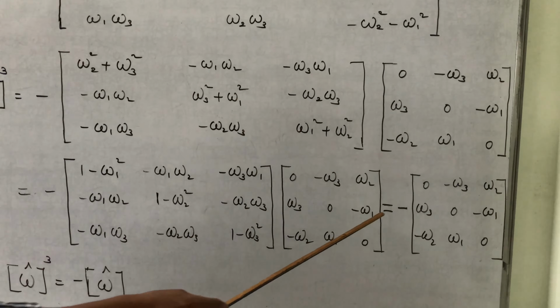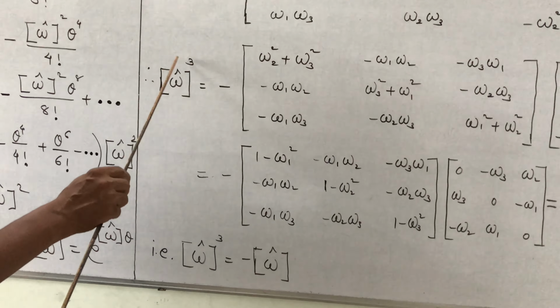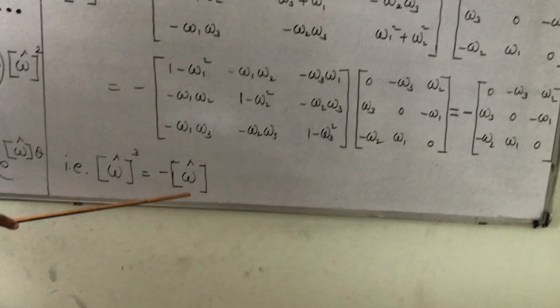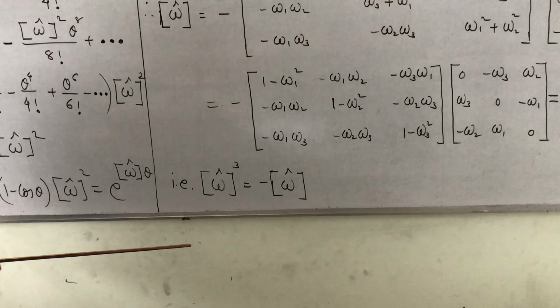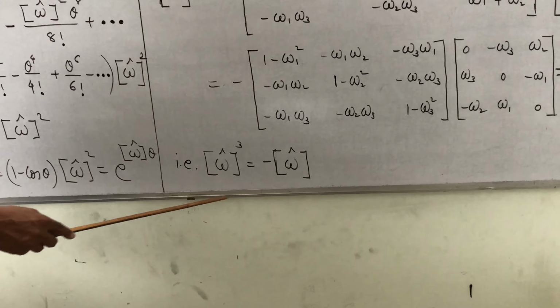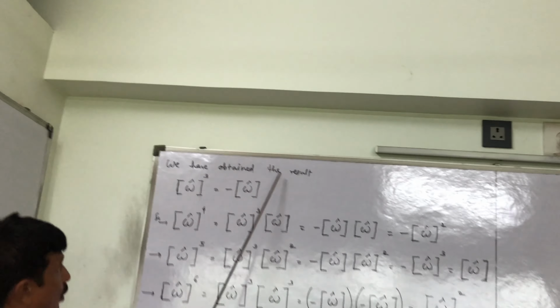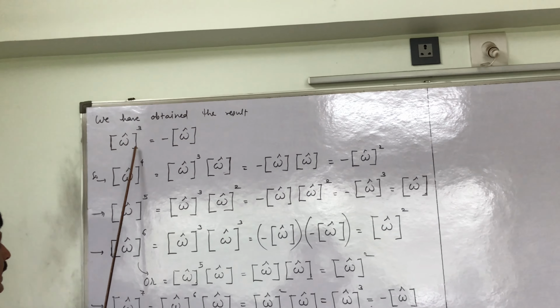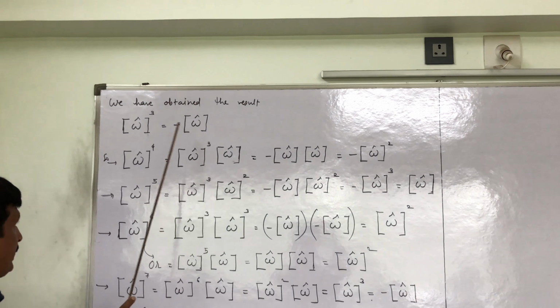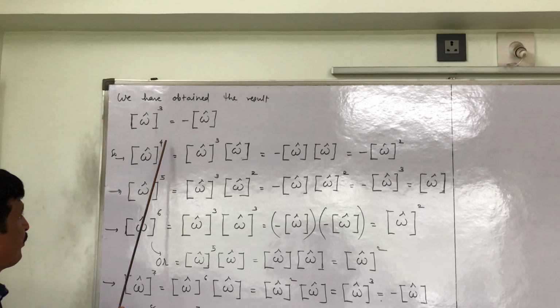So the final answer is 0, minus omega 3, omega 2; omega 3, 0, minus omega 1; minus omega 2, omega 1, 0, with a minus sign. So omega cap cube, the skew symmetric cube, is minus omega cap. Using this, we have obtained the result that skew symmetric omega cap cube is minus skew symmetric omega cap. So omega cap 4.